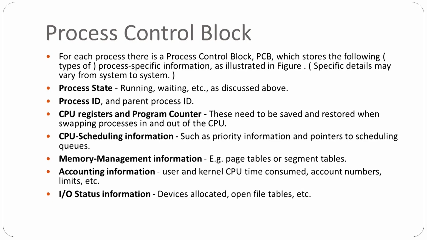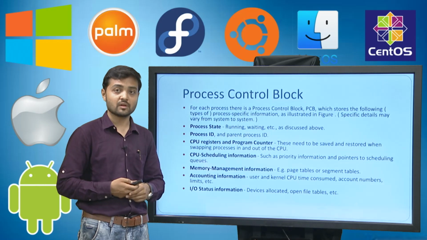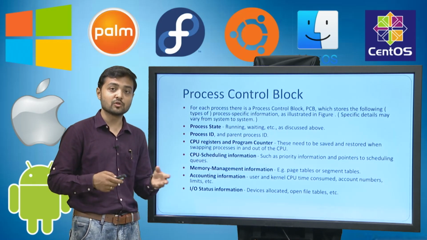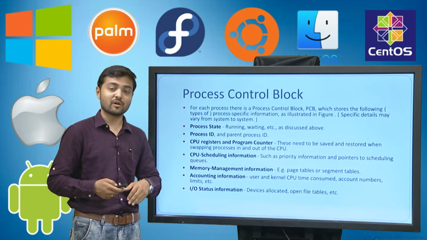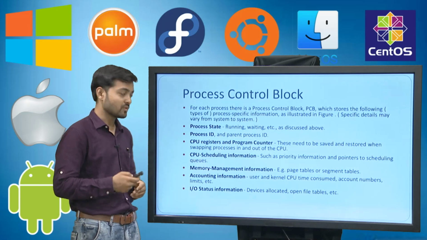It also contains CPU registers and program counters. These need to be saved and restored when swapping the process in and out of the CPU. Then CPU scheduling information such as priority information and pointers to the scheduling queue. What is the priority of this process? So that the operating system can schedule higher priority processes first and lower priority processes afterwards.